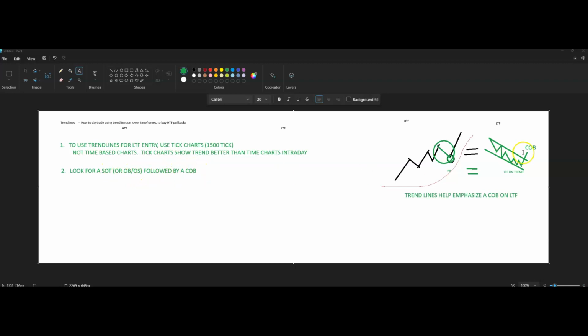The key is looking for the change of behavior. It will be emphasized by the trend line and the trend channel. So use trend lines on tick charts, and you're using it to trade the pullback.